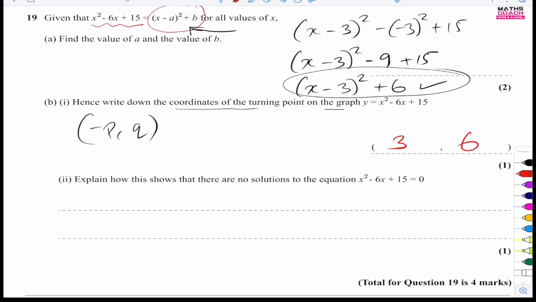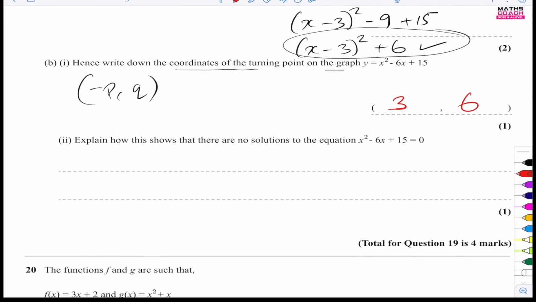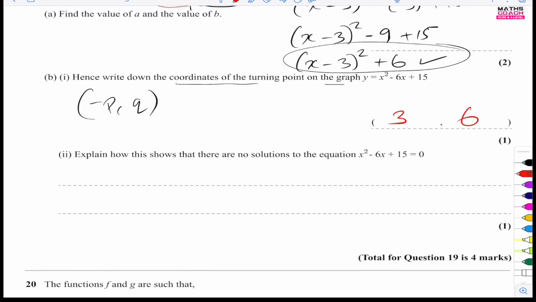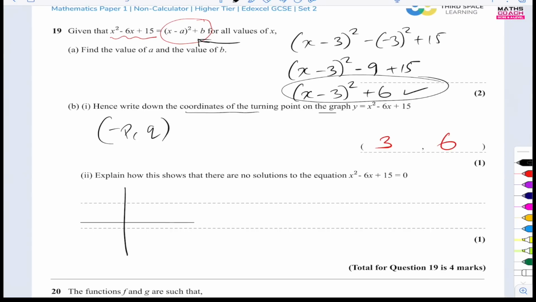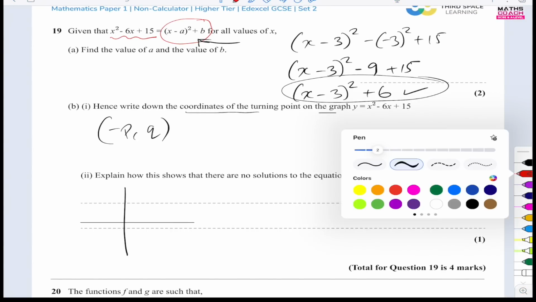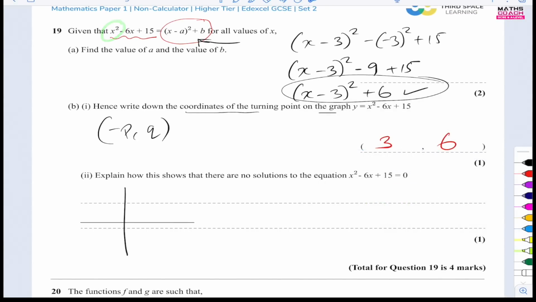Explain how this shows that there are no solutions to the equation. I mean, this is really going into the A-level realm right now, okay? But you could say a number of things, but the easiest way to show you this is actually to draw a graph. This graph is a quadratic graph. Why? Because it's a quadratic right there. And it would look like something like this. So there.